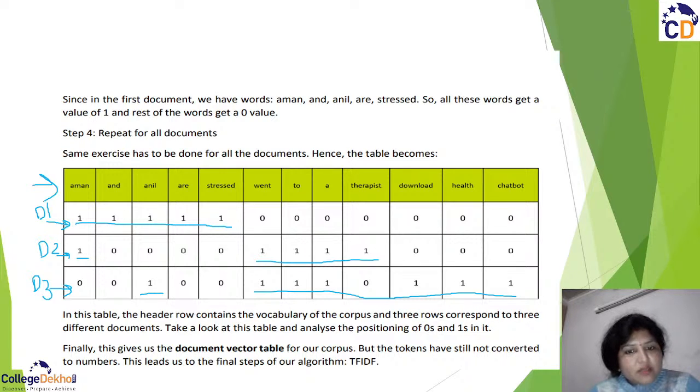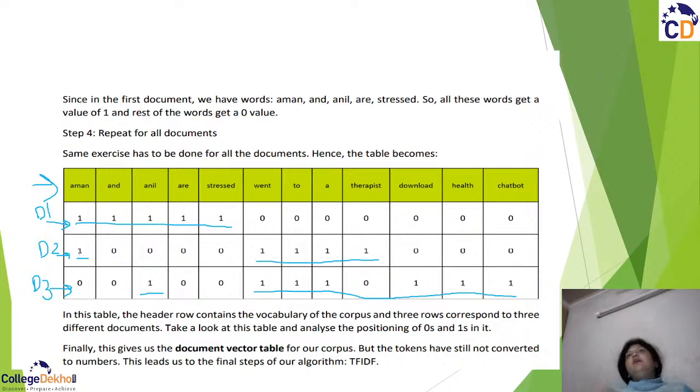Take a look at this table and analyze the position 0 and 1 in it. How it is created, I have shown you. The first document is the first sentence, Aman and Anil are stressed. This is how we create the document vectors, right?